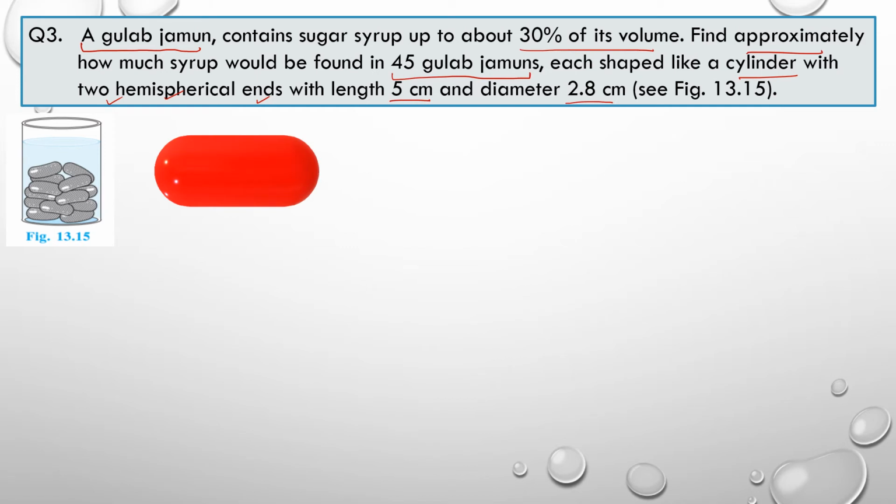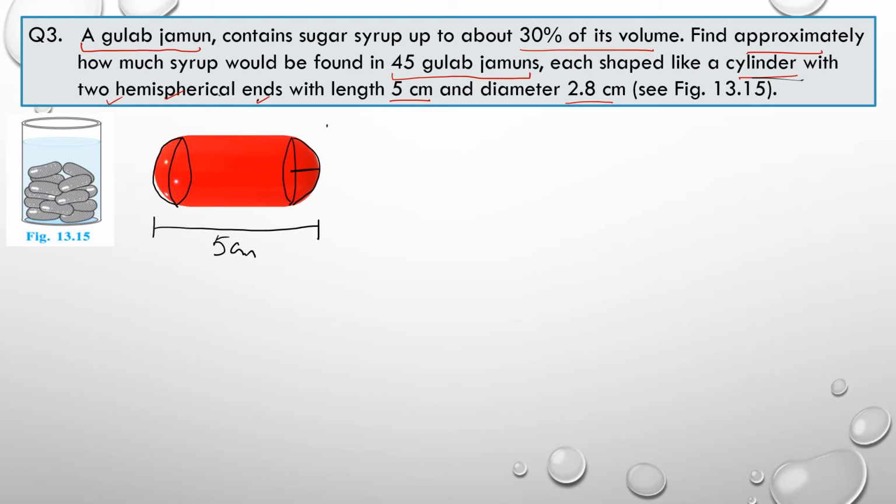Let's visualize one gulab jamun which they are describing in this question. Suppose this is the gulab jamun. I have enlarged it a little so that it is easier for you to visualize and understand. This is one hemispherical end, this is another hemispherical end, because the question says two hemispherical ends and each shaped like a cylinder. Now its length is 5 centimeter, that is from this point to this point it is 5 centimeter, and the diameter is 2.8 centimeter.